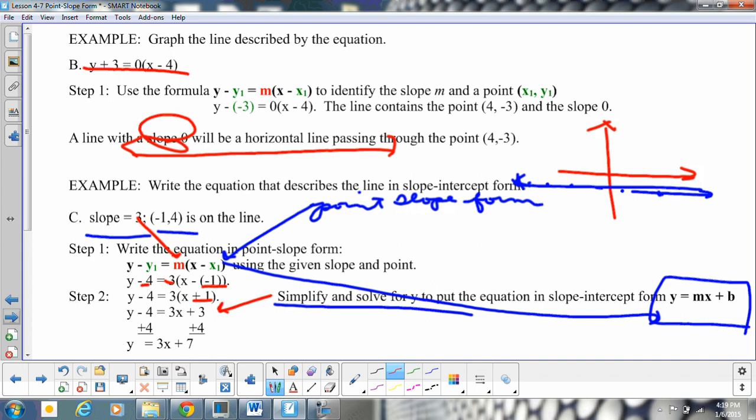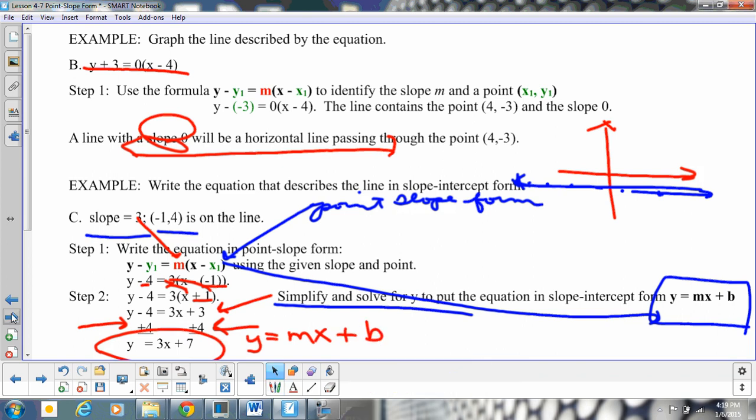We multiply 3 times x and 3 times 1, which gives us 3x + 3. Now to solve for y, we add 4 to each side. It gives us y = 3x + 7. And ta-da, we have our equation in slope-intercept form.